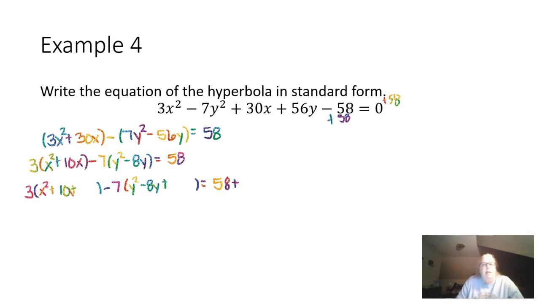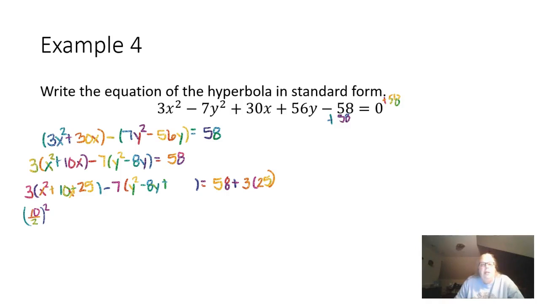Well, I look at my middle term, 10x. I want to take half of it, and whatever I get, I want to square it. So 10 divided by 2 is 5. 5 squared is 25, and that means I'm going to be adding 3 times 25 to this side over here. I had to do 3 times it because the 3 is outside of the parentheses.